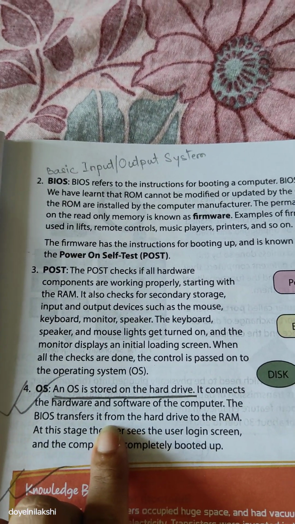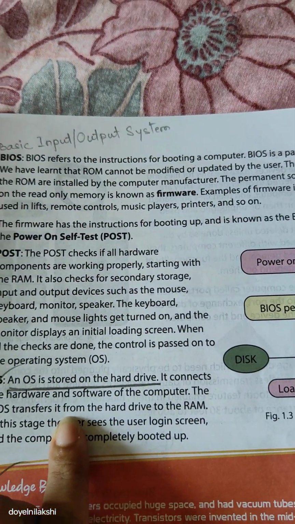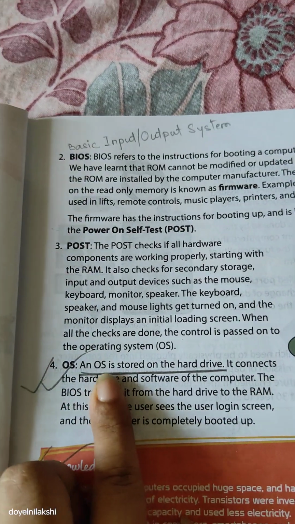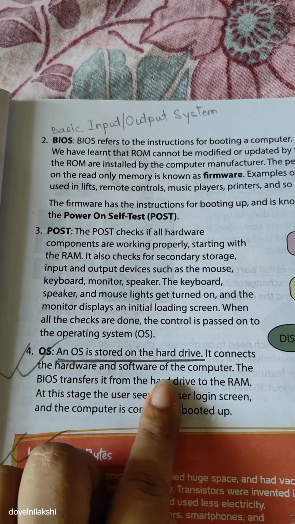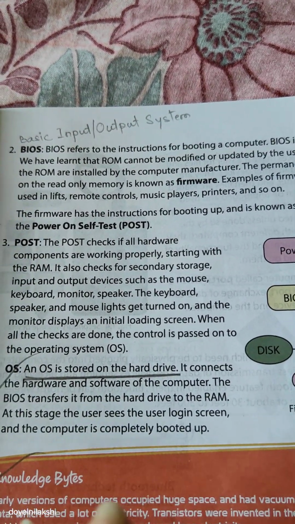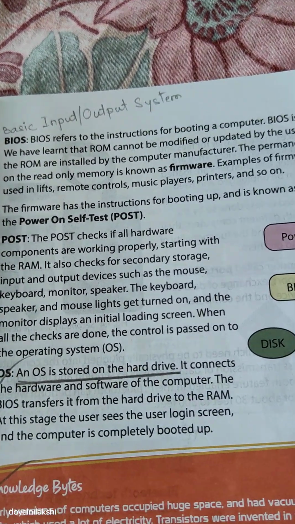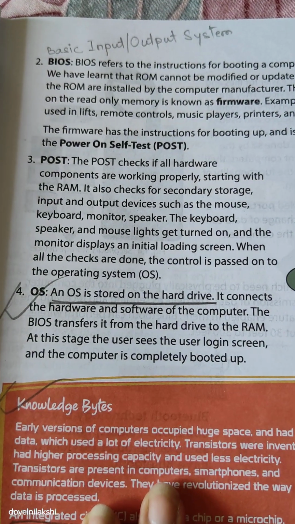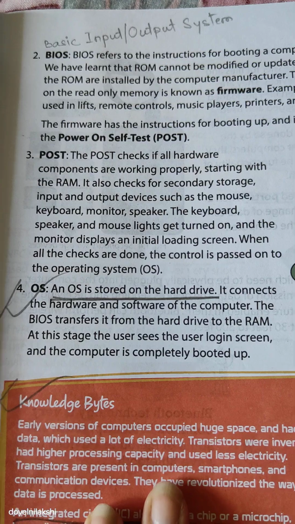The OS works like a bridge in between the hardware and software and connects hardware with the software of the computer so that the computer works properly. So this is how a computer works when we switch it on.